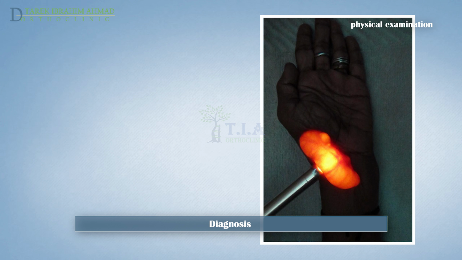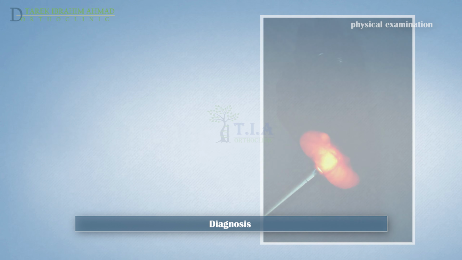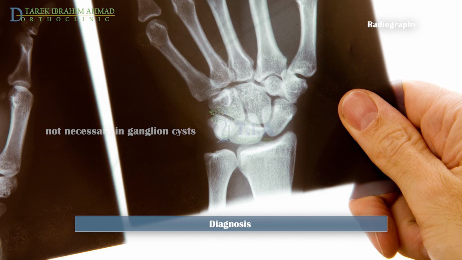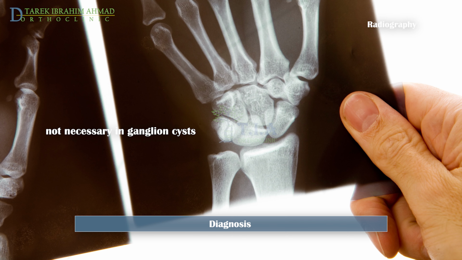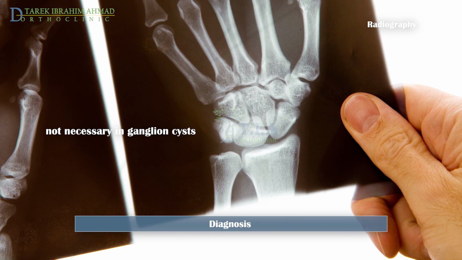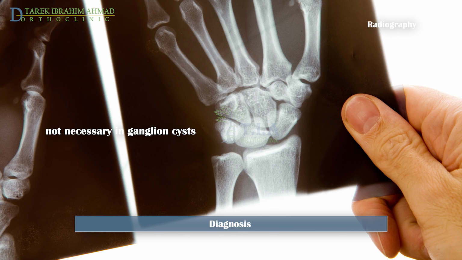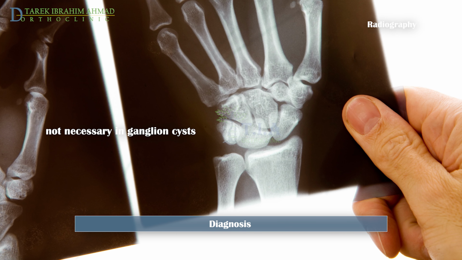One test to diagnose a ganglion cyst is to hold a light source, such as a small flashlight, against the cyst. A normal ganglion cyst will transilluminate, meaning light will pass through the cyst indicating it is not a solid mass. Radiological studies are typically not necessary, but some doctors will obtain an X-ray just to ensure the anatomy and structure of the hand and wrist is normal.